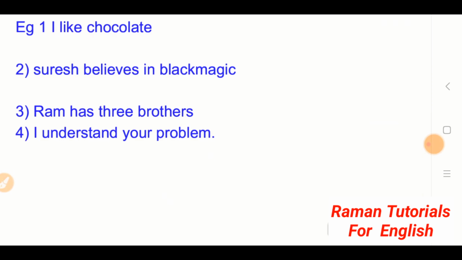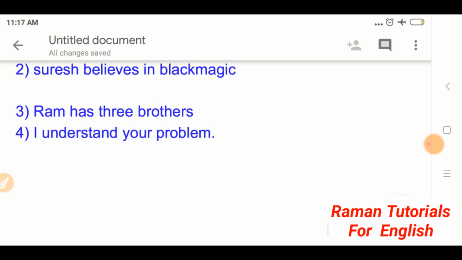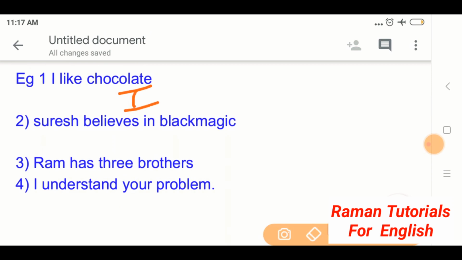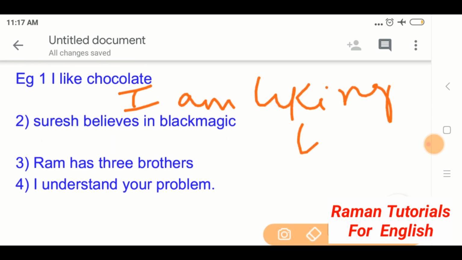I like chocolate. So here you cannot say I am liking chocolate. It's wrong to say I'm liking chocolate since it is a stative verb. So a stative verb should be used only in simple tense.